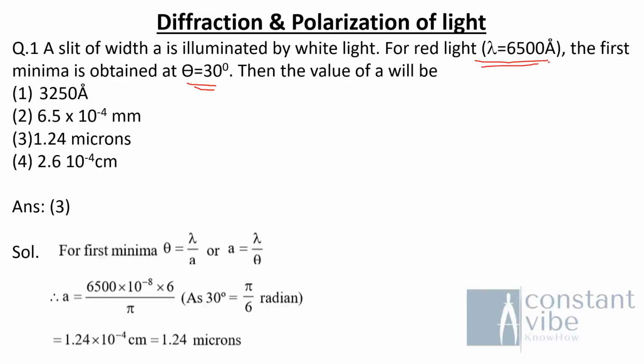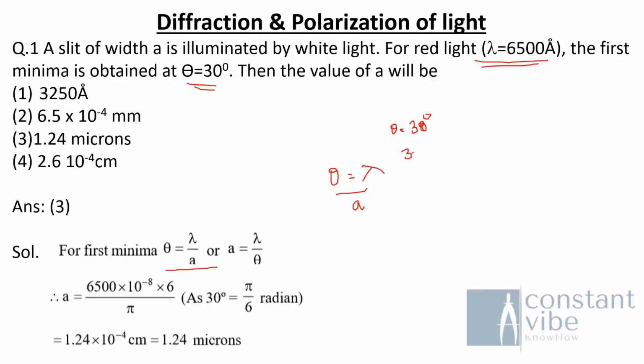For the first minima, theta is equal to lambda by A. And theta is equal to 30 degrees. It is in degree measurements, so we need to change it into radian measurements.